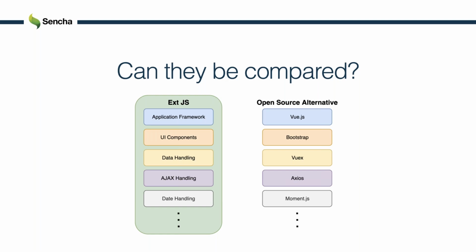So that's the key thing when you do this sort of comparison: you're not just comparing Vue and ExtJS or Angular and ExtJS, you're comparing Vue plus all the extra bits that you need to have a full application framework.